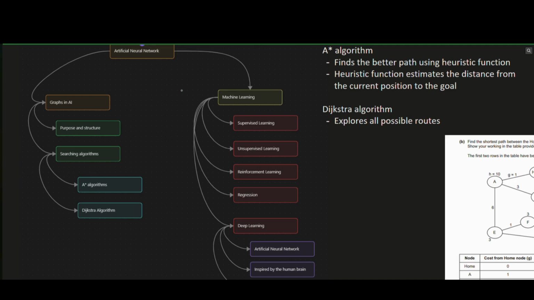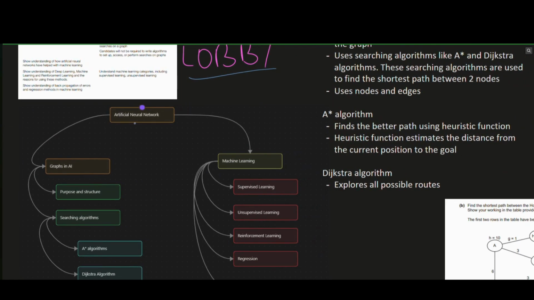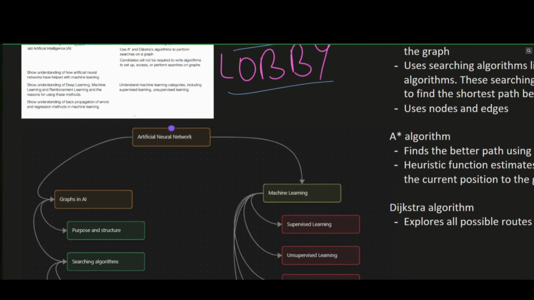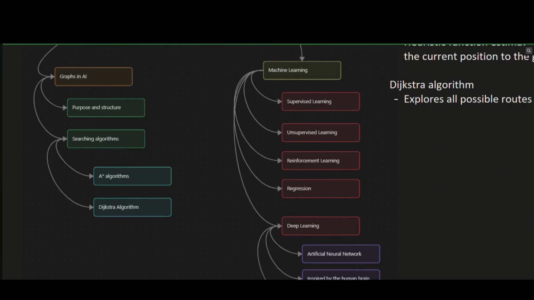First thing is artificial. Oh god, I wrote artificial neural network. I am so sorry. This is supposed to be AI. Under AI we have graphs in AI, then we have the purpose, the structure, searching algorithms, A star algorithm, Dijkstra algorithm.